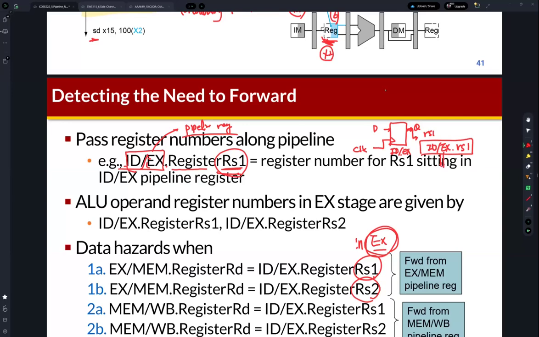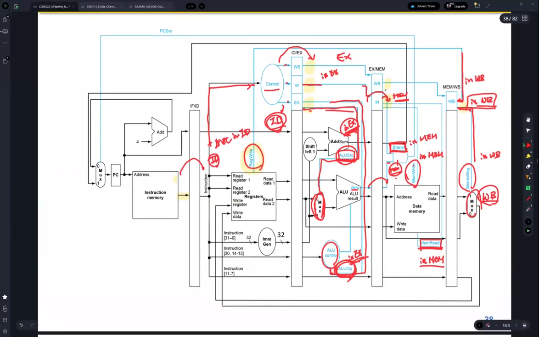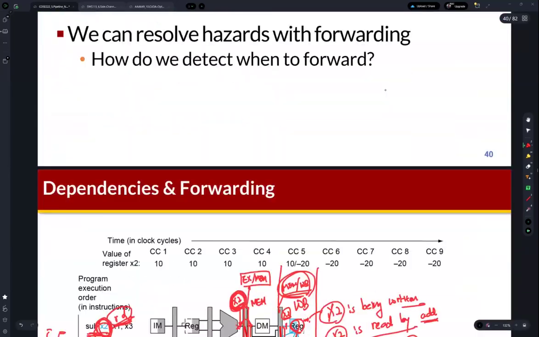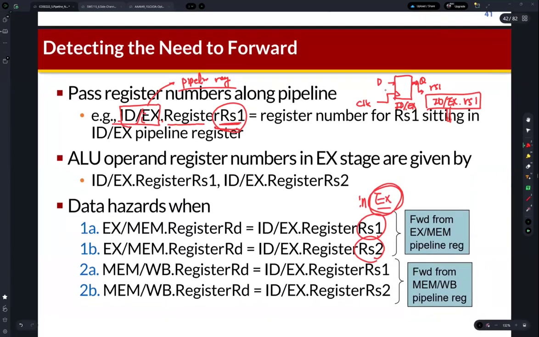You can find the ID and EX, and this is the output of this pipeline register, so this is the signal in the EX stage. This is equivalent to the RS1 in the EX stage.